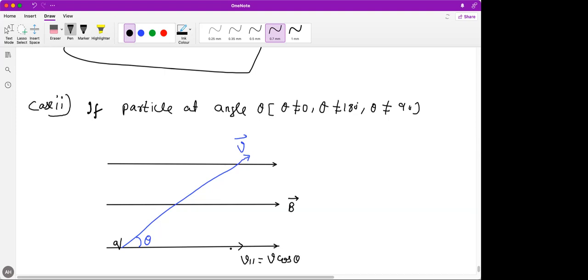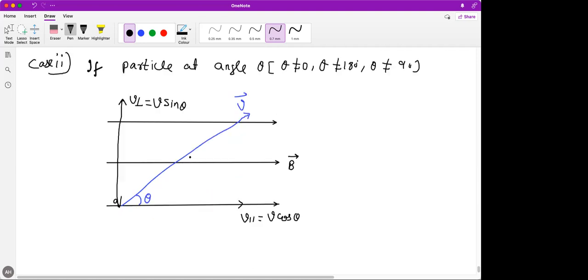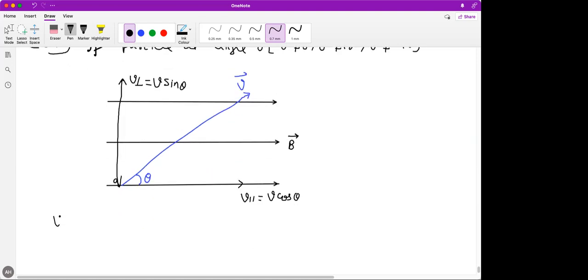This is V. This is the direction. Component of V in this direction is V cos theta. What will be the component of V in this direction? Yes, V sin theta. So we take two components of V. One is parallel to the magnetic field, another is perpendicular to the magnetic field. So what is V parallel? Component of velocity along the magnetic field.